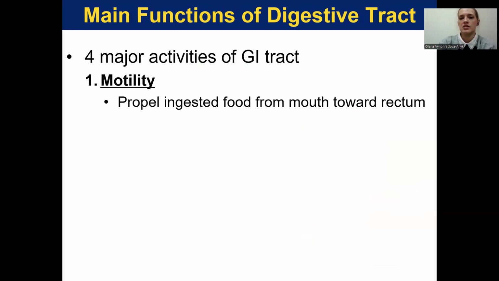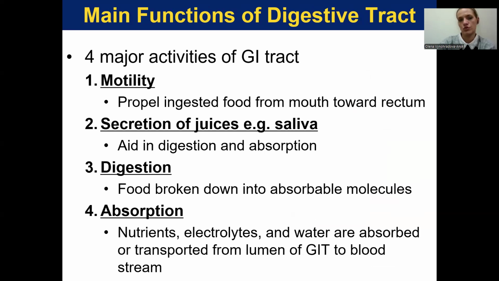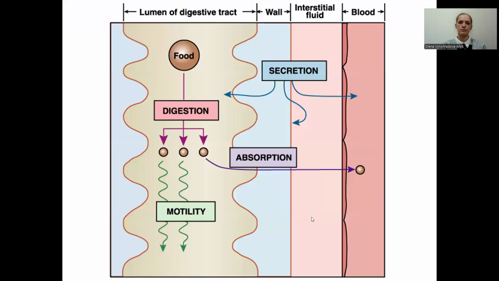There are four major activities of the GI tract: motility, secretion of juices and saliva, digestion, and absorption. Under the term digestion, we mean food broken down into absorbable molecules. Absorption means absorption of nutrients, electrolytes, water, and transportation of all this to the bloodstream.